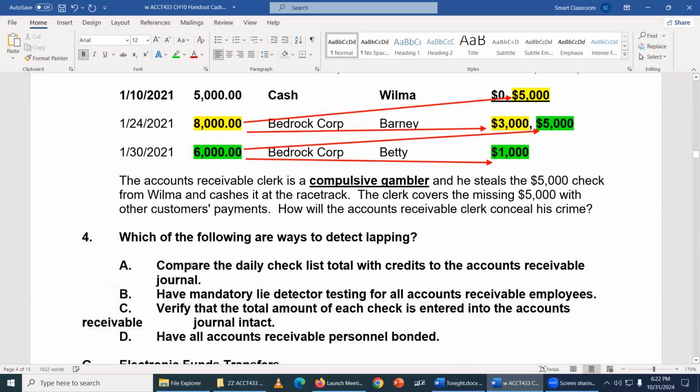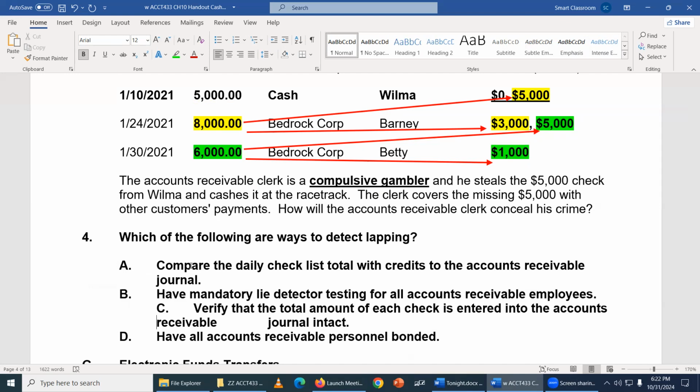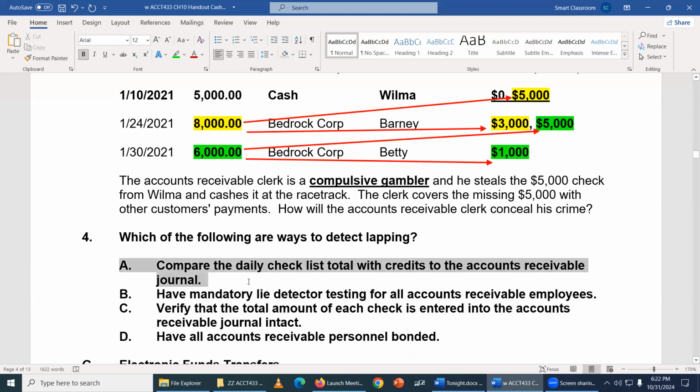A and C. Okay, I'm back. Yes, A, compare the daily check total to the credits in the accounts receivable.